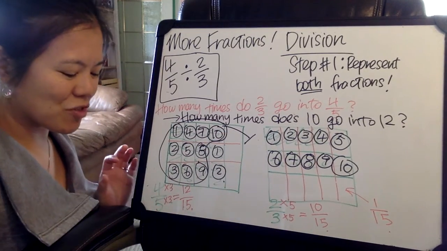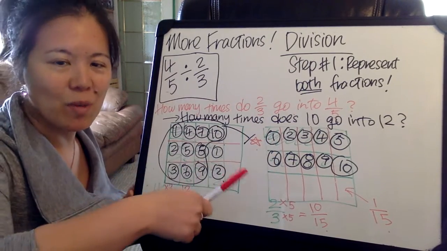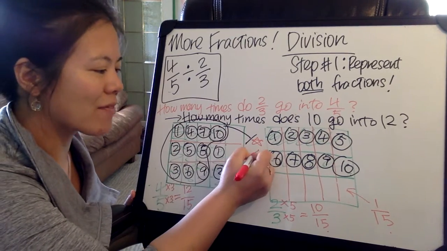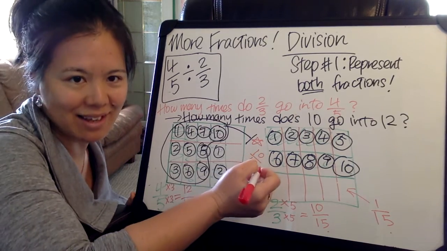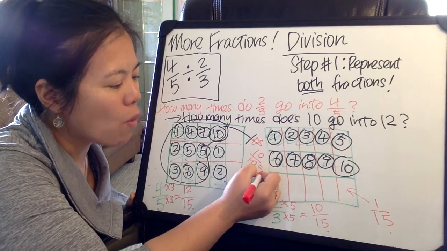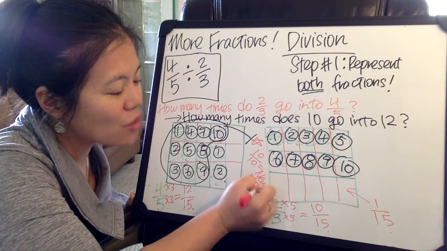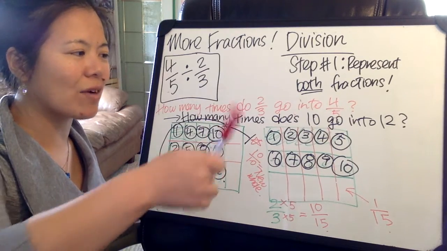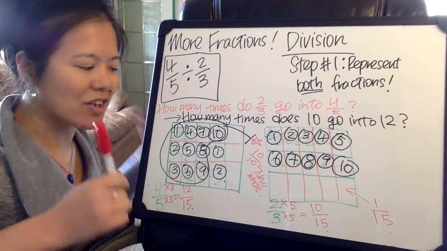So this is the interesting and very cool part. I said it goes in at least one time, right? So that means when I have 10 out of 10 pieces, that's my new whole. So 10 goes into 12 at least once, and then 2 left.